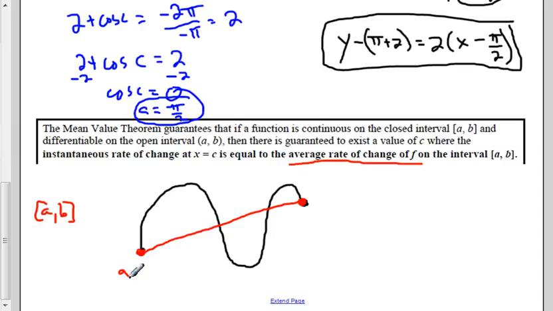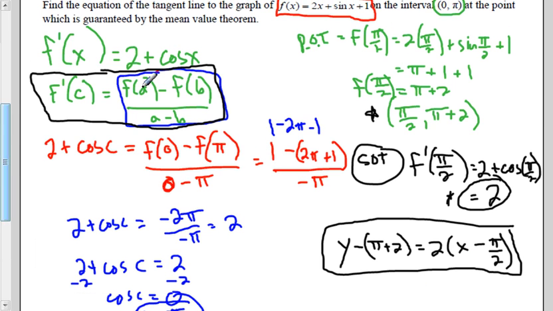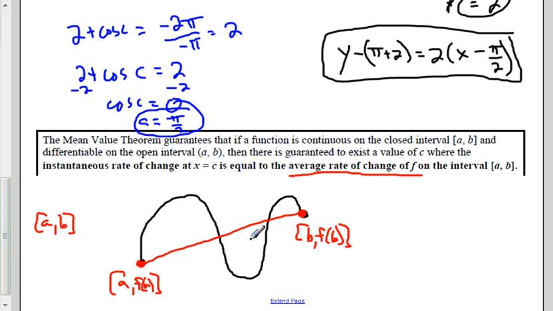So this point is a, f of a. This point is b, f of b. And that's where we got into what I just circled right here. The slope formula for that secant is f of a minus f of b all over a minus b.